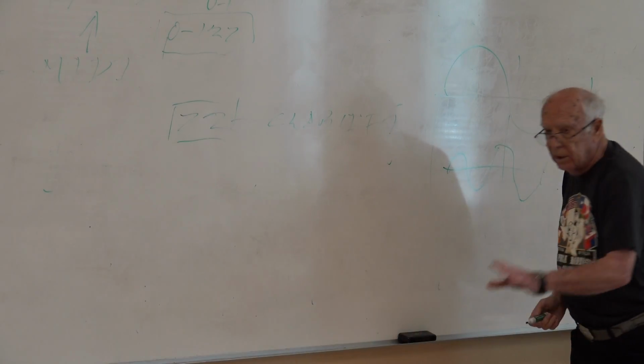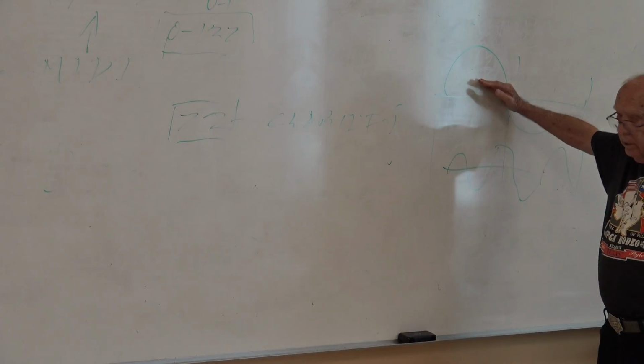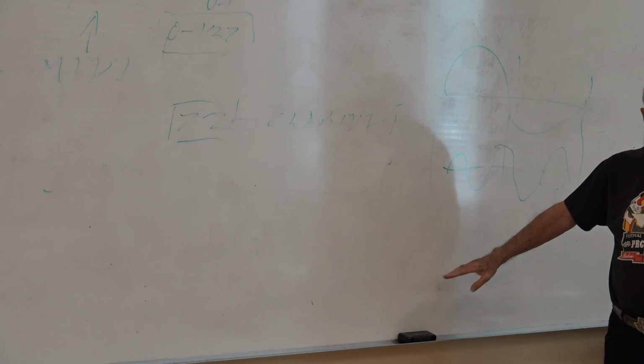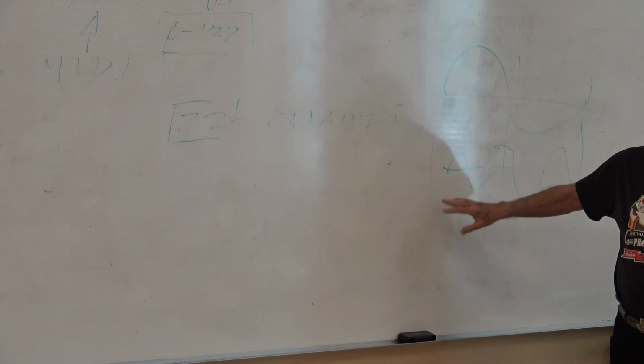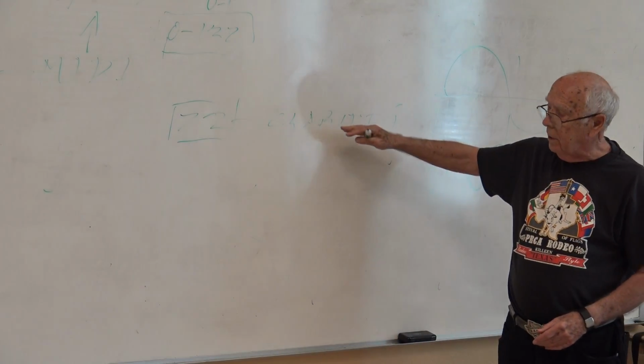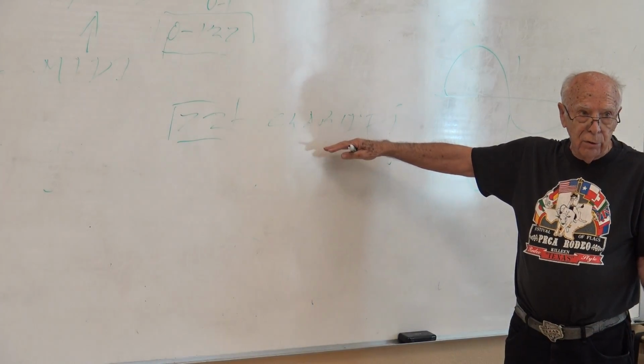So what the synthesizer is going to have to do is make this, make this, make this, all the way down to at least the seventh harmonic to give you the sound of a clarinet or the sound of a guitar.